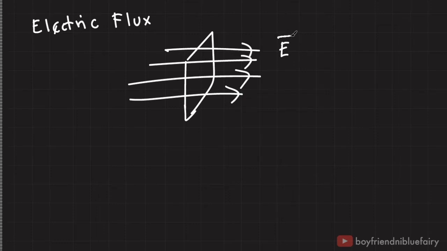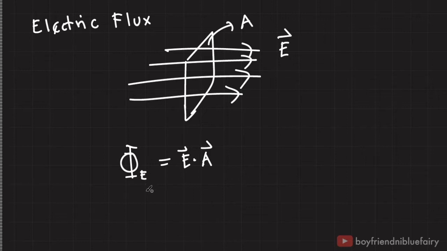The area of this surface is represented by capital A. Flux is represented by the Greek letter phi. And if this bunch of vectors are electric field, then we could just put a subscript of E here. So if we have a magnetic field represented by vector B, then we will replace this with letter B. Electric flux is equal to the dot product of the electric field vectors with the area.